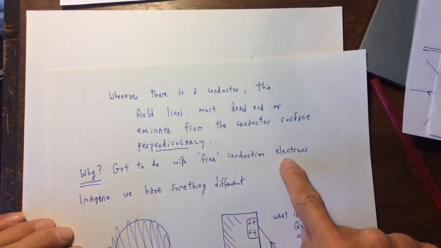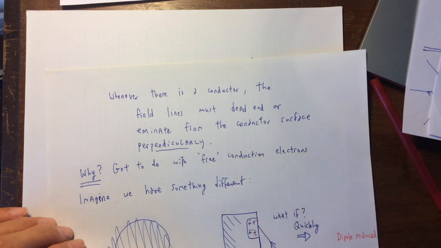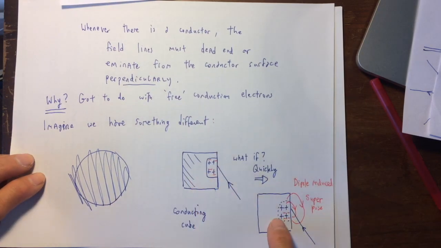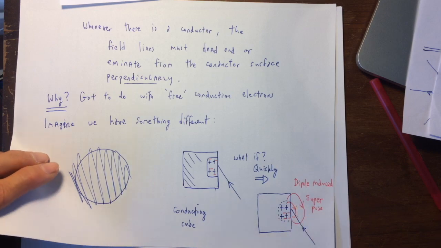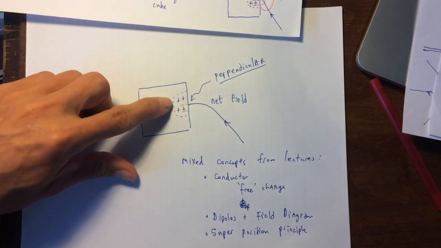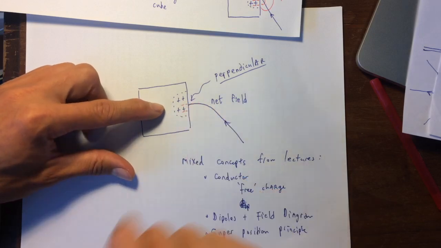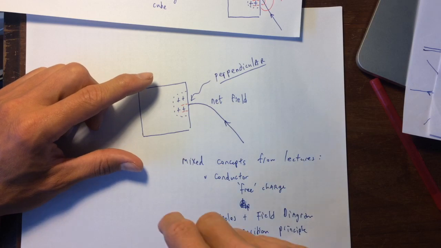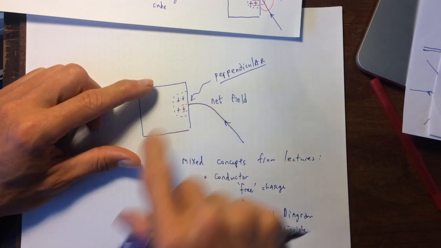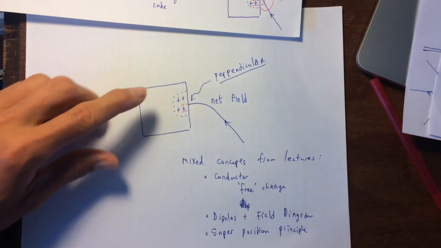And showing why involves modeling a conductor, right? I modeled the conductor and asked, what would a non-perpendicular field line do? And then I followed my nose and I showed how you could describe why a net field line is going to be perpendicular to a conductor face.